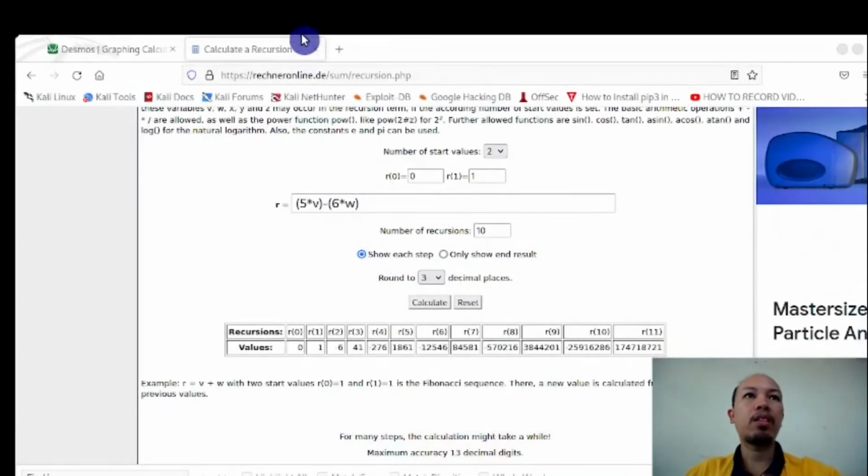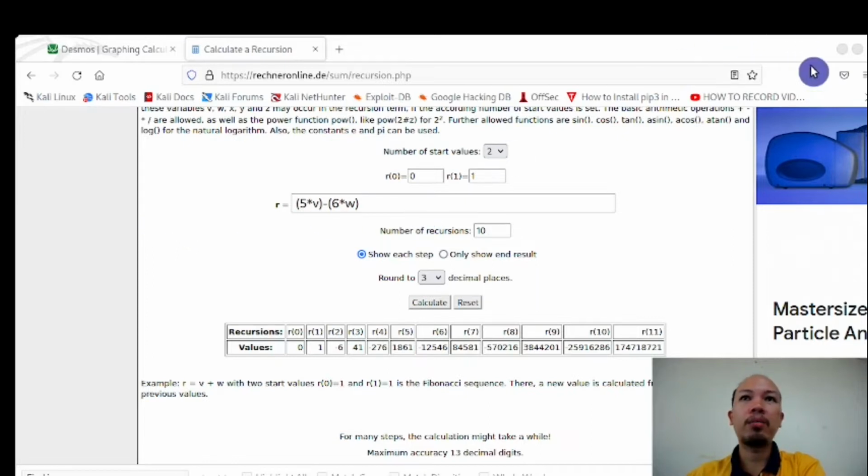There's a mistake somewhere. Okay, anyway, let's try another one. How about this one here, letter A? Replace n by n minus 1.